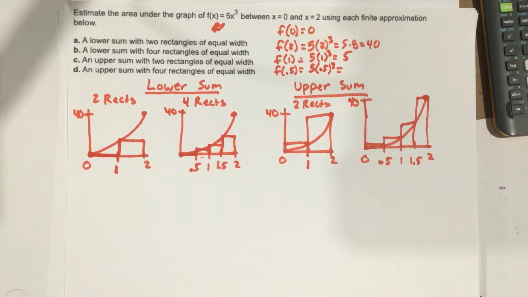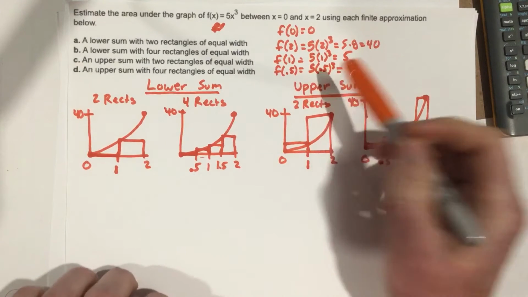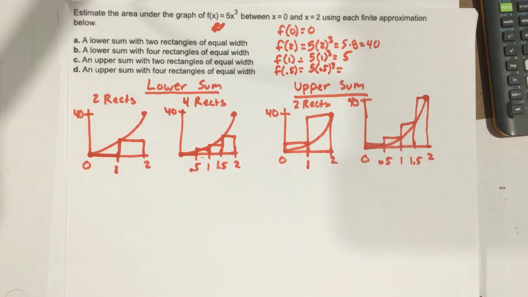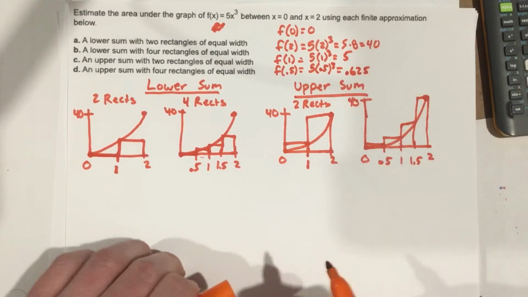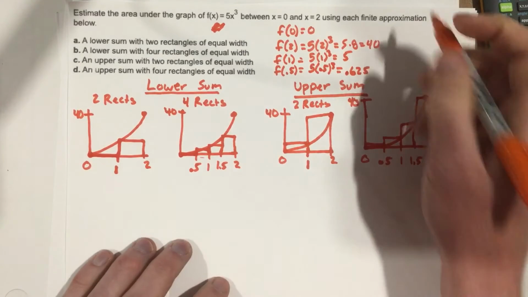Half times a half is a quarter, times a half is an eighth, so it should be 5/8, or 0.625. And then finally, let's do f(1.5).